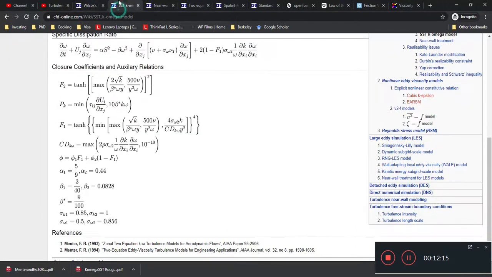Hopefully that gives you some in-depth understanding of the blending function and how it works. It's been a pretty heavy last few videos where we tried to get wall functions for all of these values.